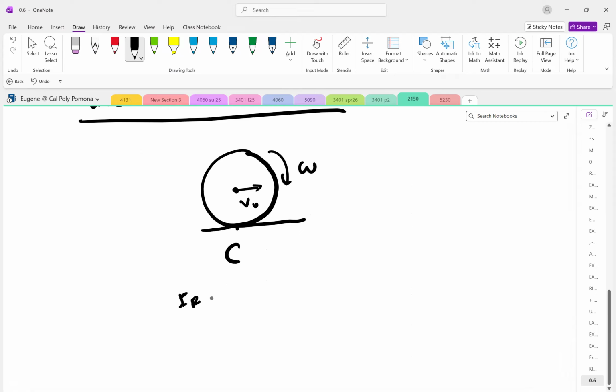From the instant center of velocity C. It's the instant center because this point is in contact with the ground and its velocity is 0.